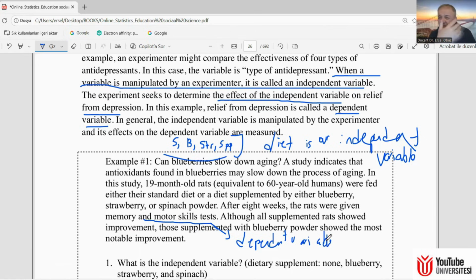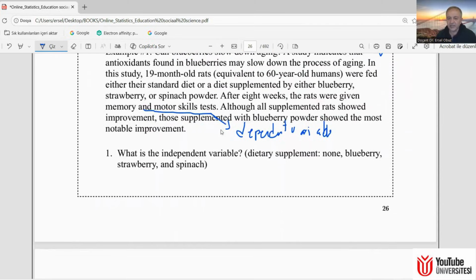So we hypothesize that the diet affects the motor or memory skills for rats. So it means the independent variable has 5 levels. Why? Because one group did not take any.